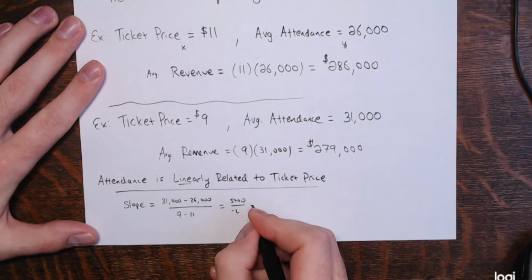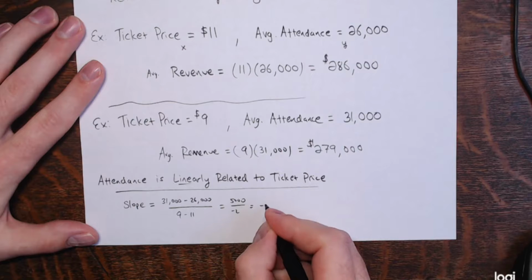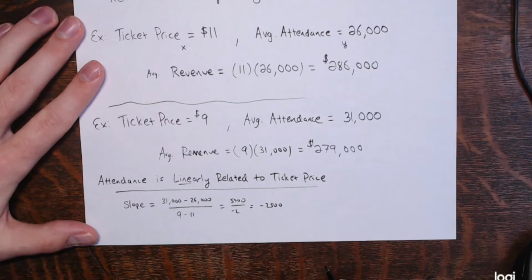This would be negative 2,500 for the slope.